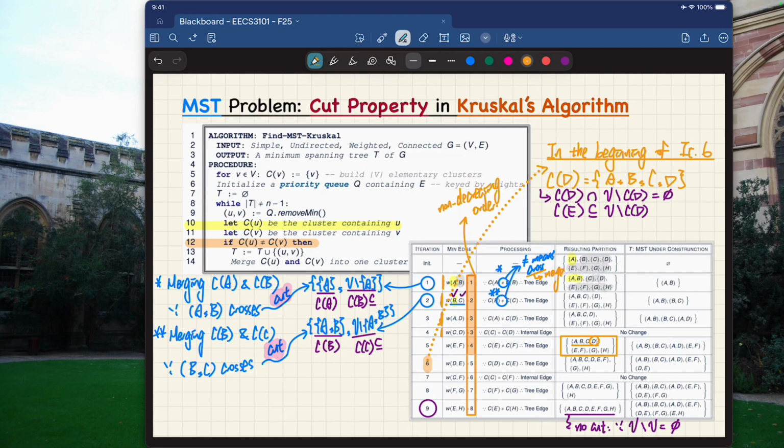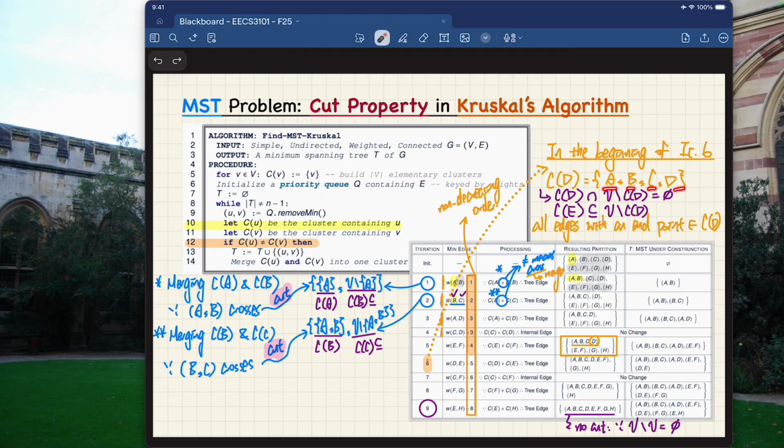So what I would do is right here, all the edges with an endpoint that is a member of the cluster of D, right? Either A or B or C or D, right?